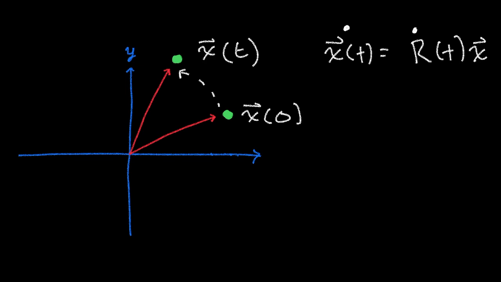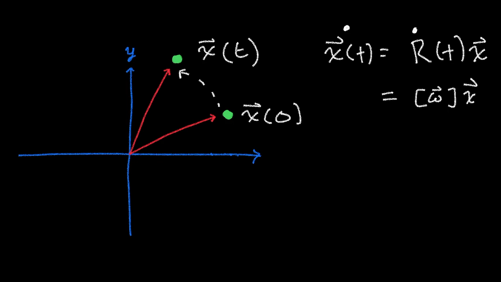Now that this little detour is over, let's return to what was essentially the problem we started with, which was, what is the time derivative of this rotation matrix? Well, actually, we've already seen the answer to this. And that answer starts with the fact that we actually know how to take the time derivative of the trajectory of our particle x. We saw that that was just equal to this skew-symmetric angular velocity matrix times the position x itself.